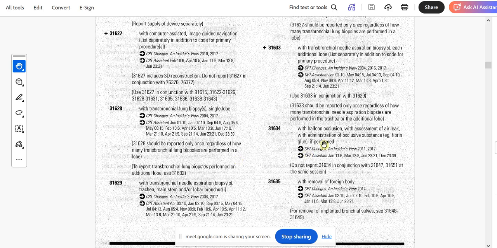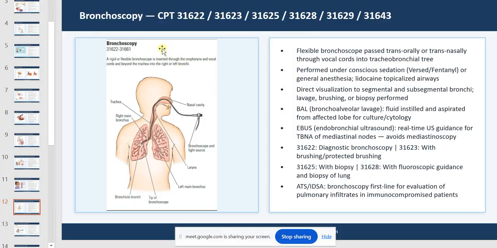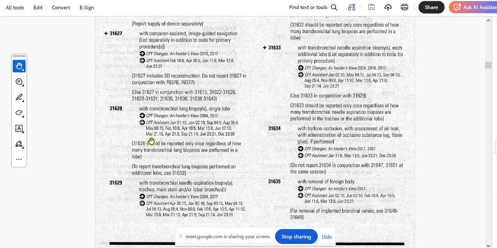What is occlusion? Occlusion means you're closing something. The entire bronchus is a tube-like structure, so you're closing it. That is occlusion.